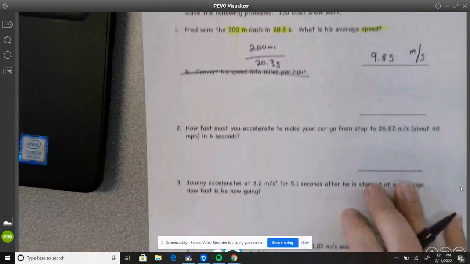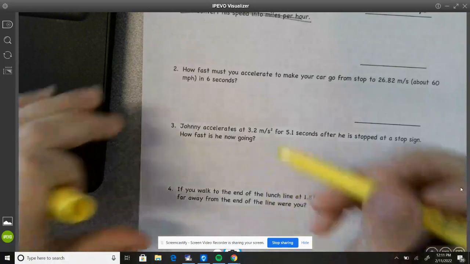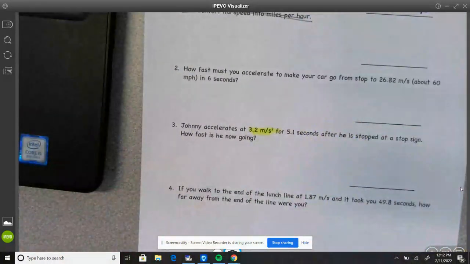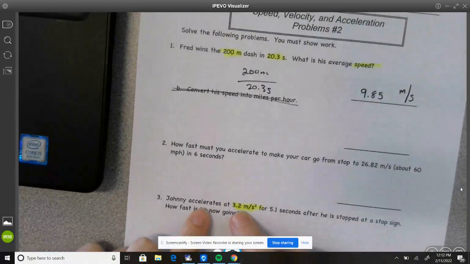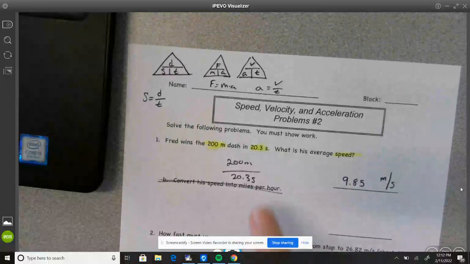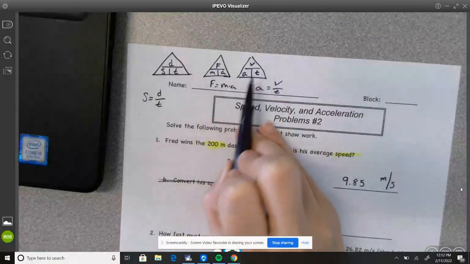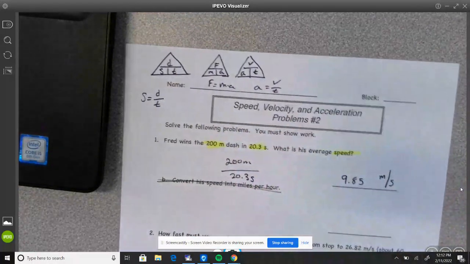All right, our next problem that we're going to look at is going to be question number 3. It says Johnny accelerates at 3.2 meters per second squared. All right, this right here, it's telling you have acceleration. We know that acceleration is part of these two problems, F equals ma and a equals v over t.